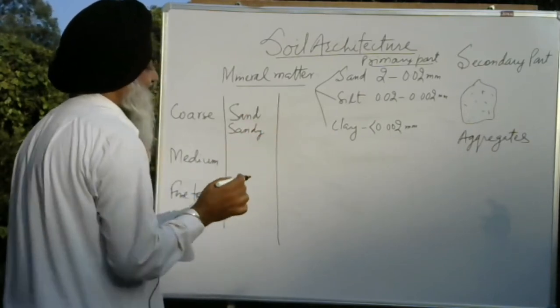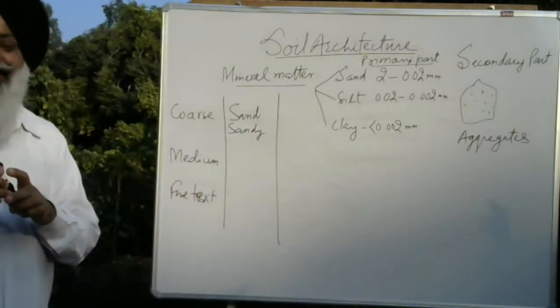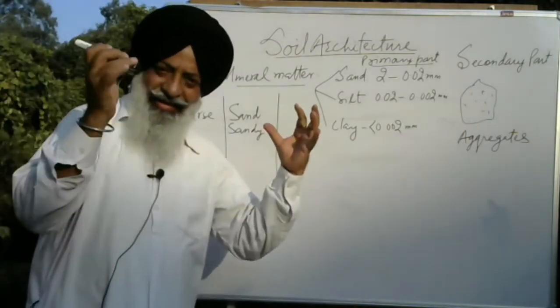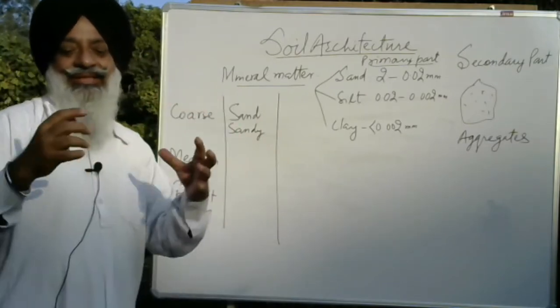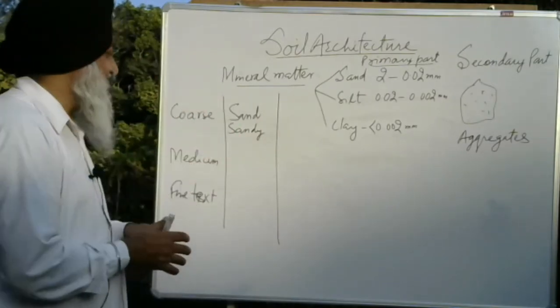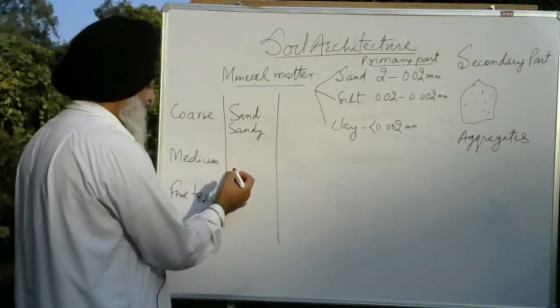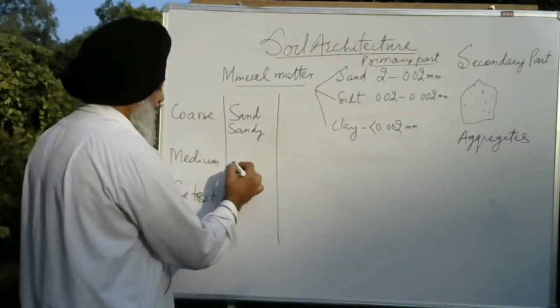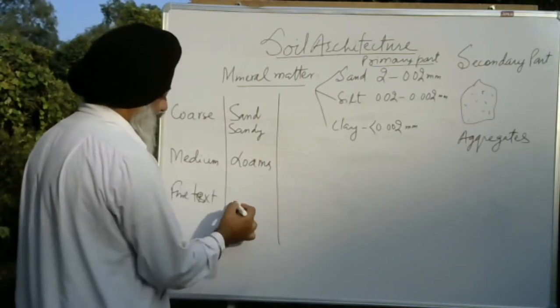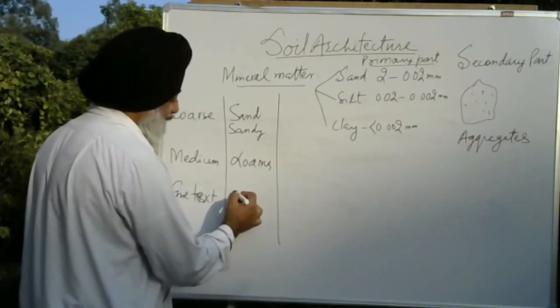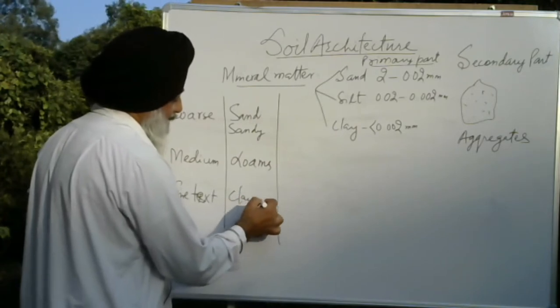There is a difference between sand and sandy. Sand means 100% sand, dominated by sand particles. Sandy means dominant particles are sand, but there may be some other particles. Then medium textured soils, we call loams, and fine textured soil, we call clay soils generally.